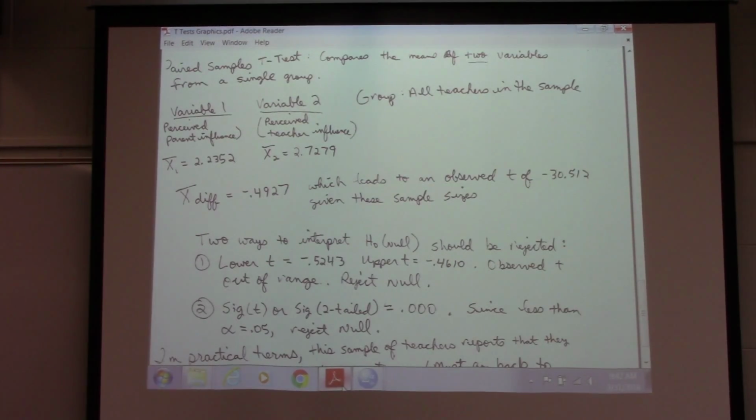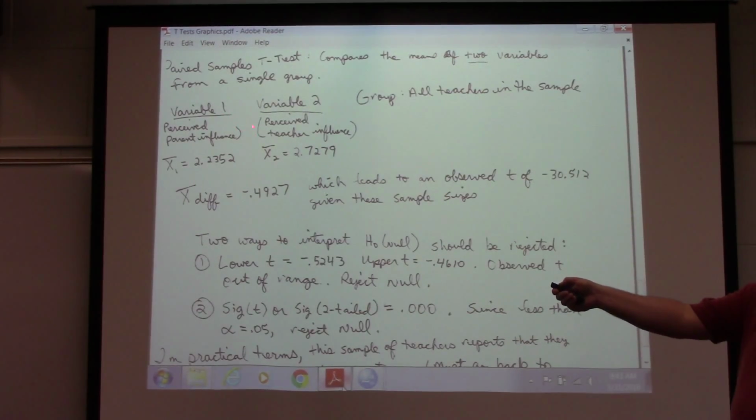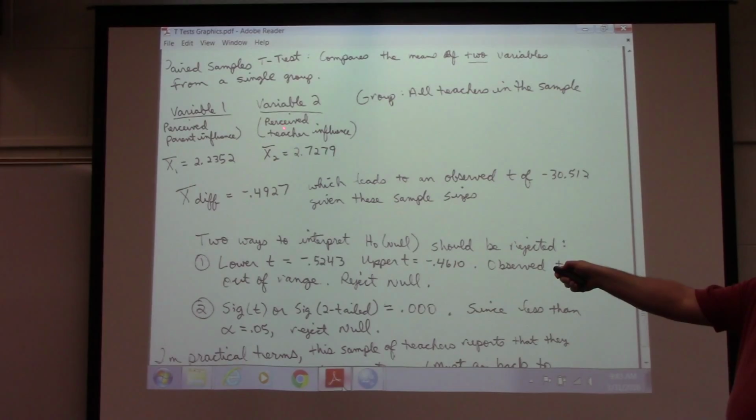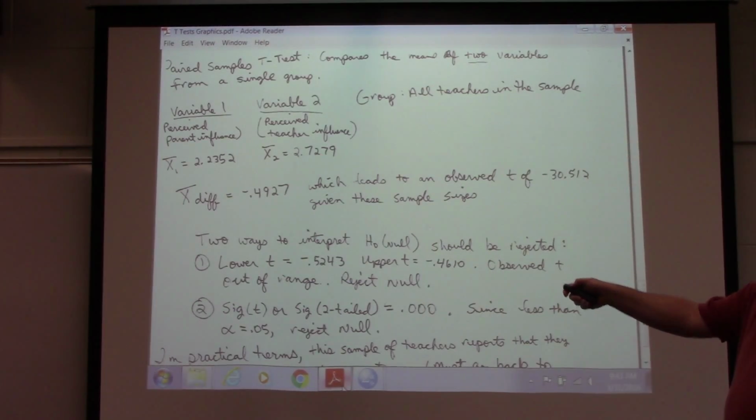So if you look at this graphic, it's much like the other 2 graphics. We just need to think what's in the numerator first. What we're going to do is we're going to take the mean of all the teachers' answers to the parent influence questions and calculate that. And that mean comes up to a 2.2352. We do the same thing asking teachers about their own level of influence, and that mean came up to 2.7279.